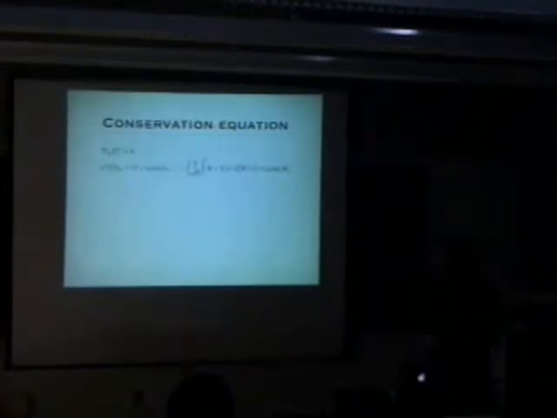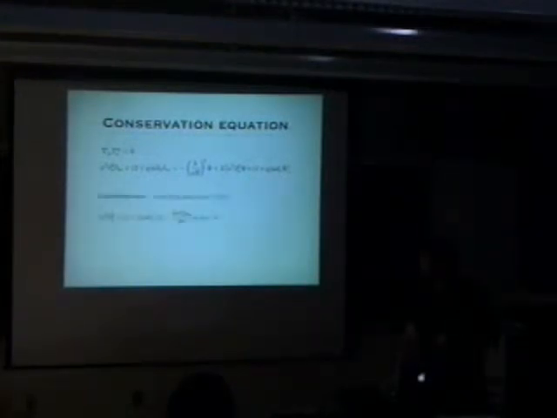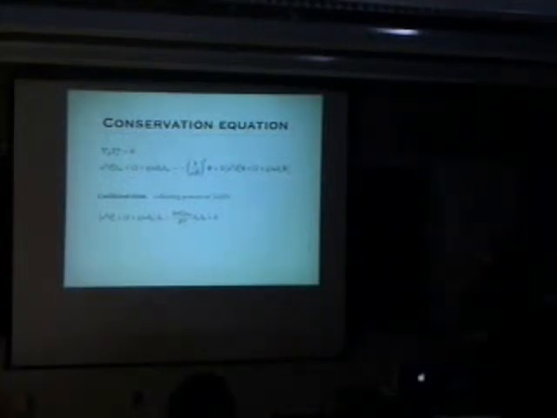If you plug it into the conservation equation, this is the conservation equation at first order in delta and phi. Q here is the acceleration parameter, which is the opposite sign of the deceleration parameter that's usually used. If you start solving this equation in powers of aH over k, the first equation you get is this one right here.